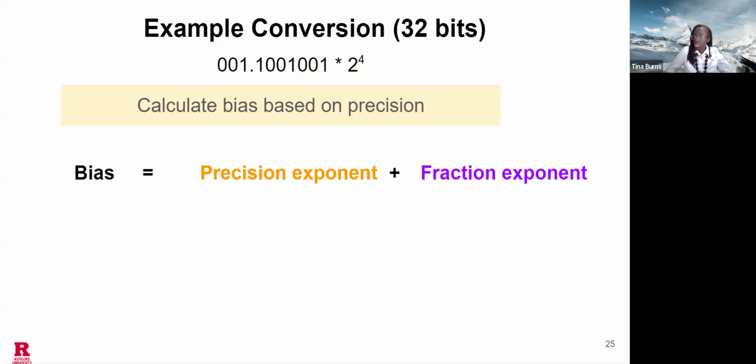And as we said before, it's the same equation. We're going to use the precision exponent, add that to the fraction exponent, and that will give us what our number is for the exponent, right? Precision exponent, 15, we just calculated that. 4 was from before, when we converted both the fraction and the whole number to this binary format, and we end up with 19.